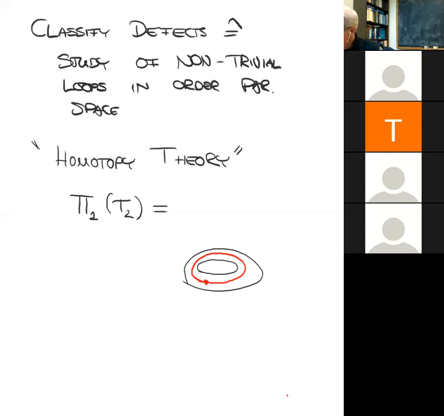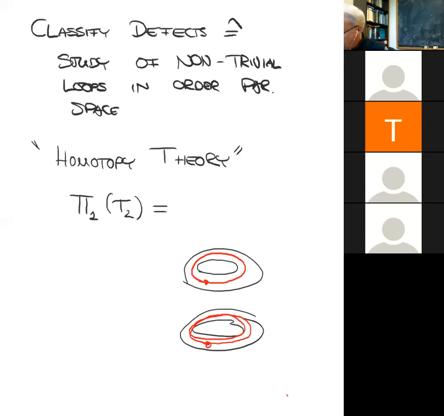So you could imagine, instead of going around once, you could go around twice. Okay. And going around twice, you cannot smoothly deform that to going around once. But of course, you can go around once and then you can go around backwards. That should be the same as doing nothing at all.